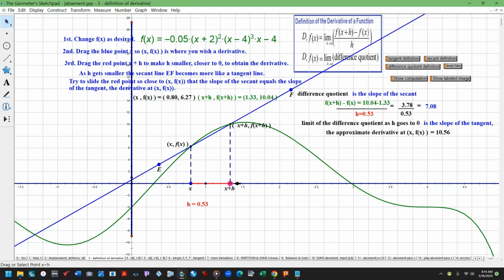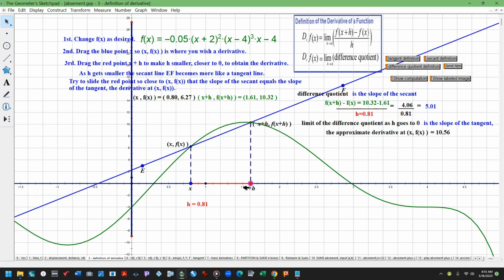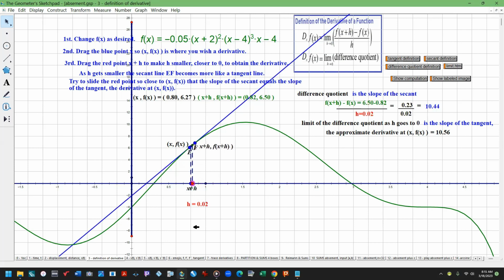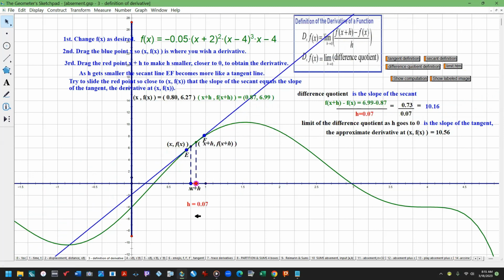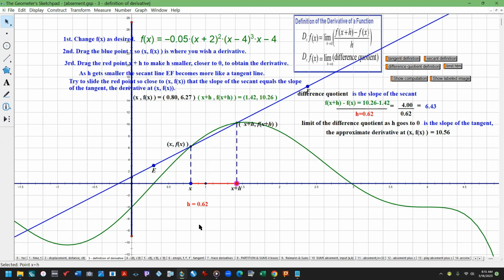Then, since the limit of the slope of the secant as h goes to 0 is the slope of the tangent, the limit of the difference quotient is your derivative. Can't do that on a piece of paper.